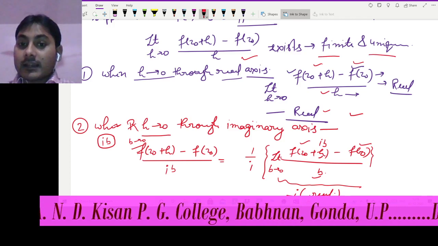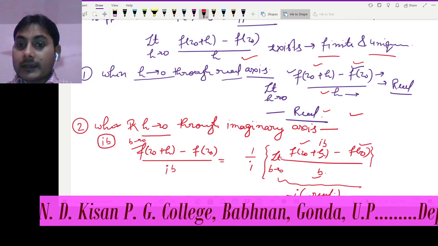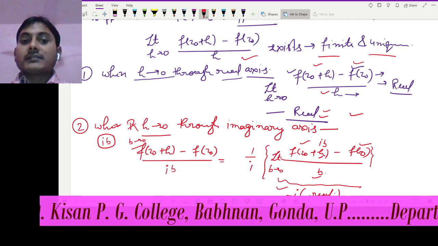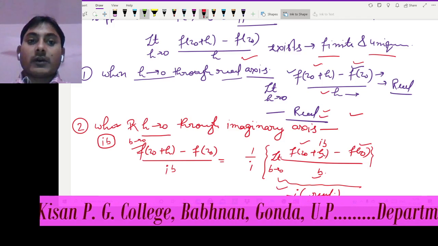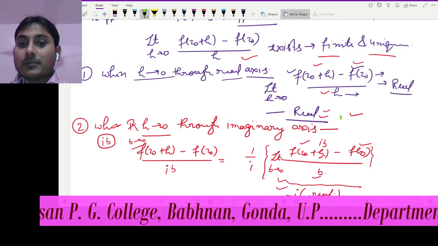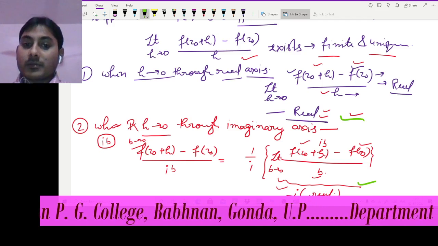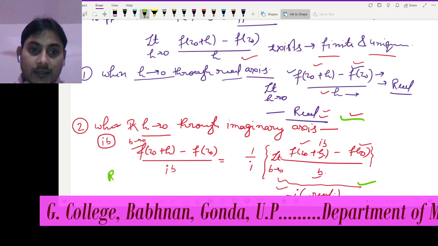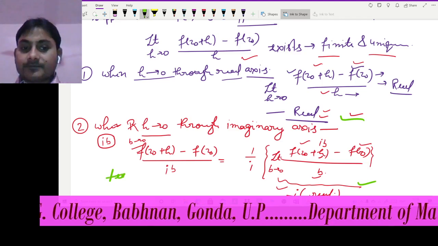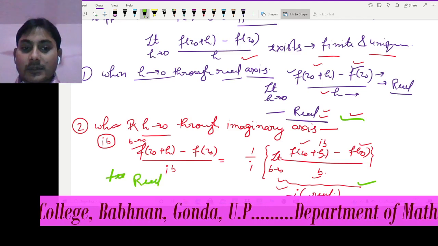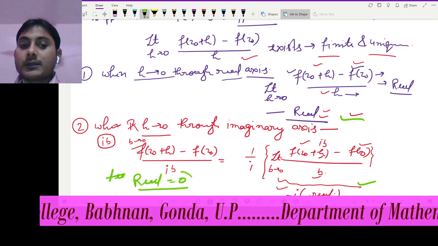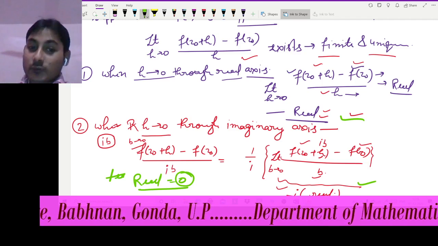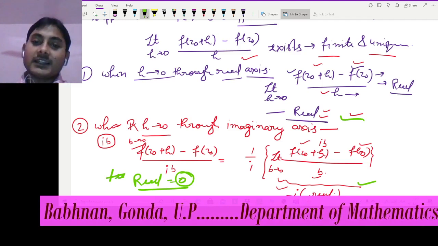So a real number, now we are saying that in the first case a real number was coming and in the second case we are getting a complex number. So you are saying that this real number is equal to this complex number, and this is only possible when this real number is equal to 0, because 0 is a real number as well as a complex number. So there is only one choice left here, it is 0.